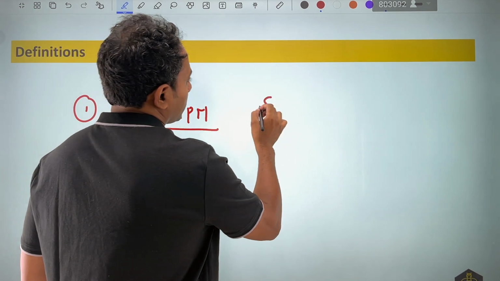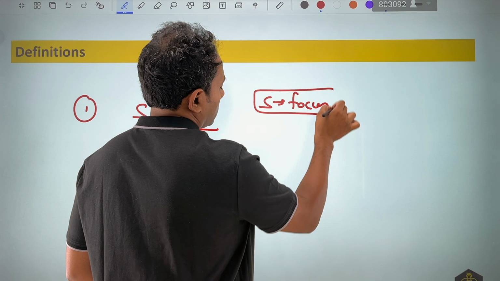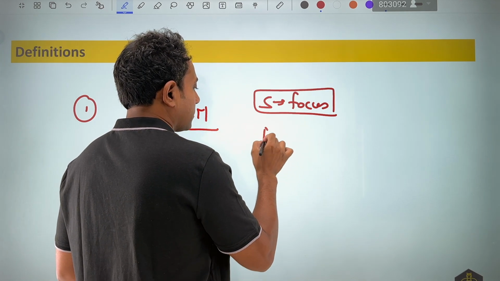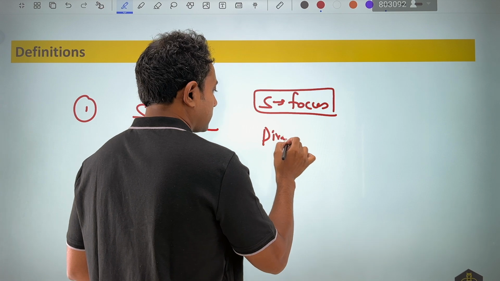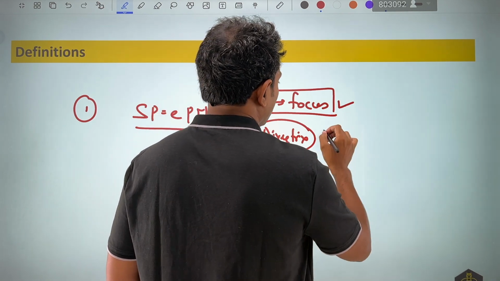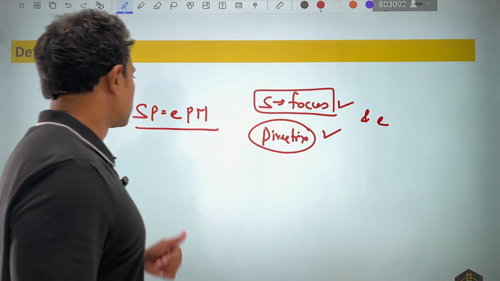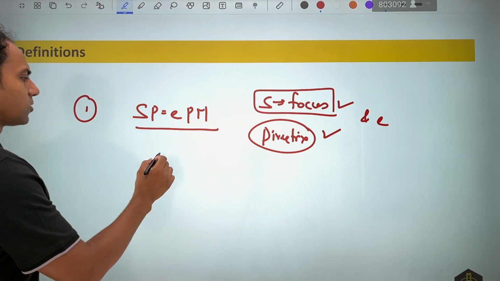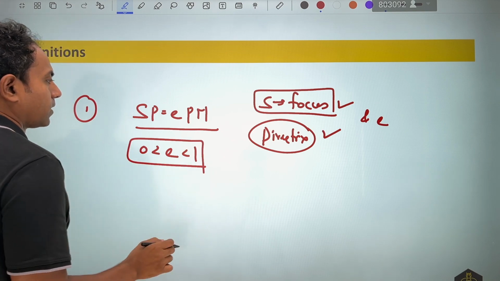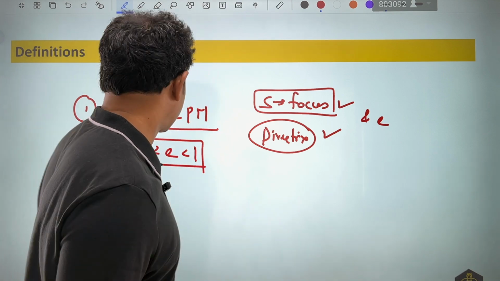Here S is nothing but the focus, and this distance PM, where M is the point on directrix. So if there are 2 things given to you, focus and directrix along with eccentricity, you can use this idea. This is a very important idea. In case of ellipse, the value of e lies between 0 and 1. We'll see that this idea will become more and more important as we move towards oblique cases.